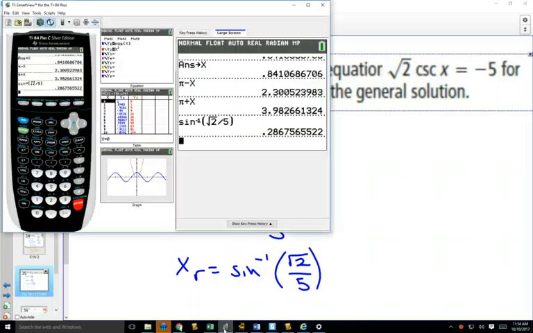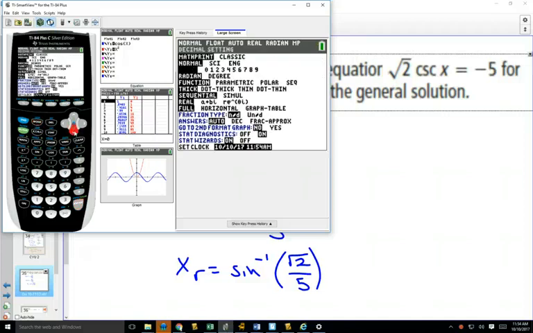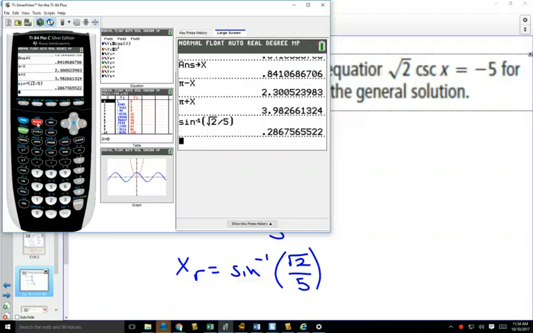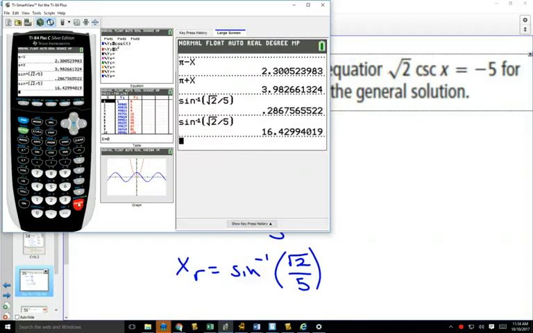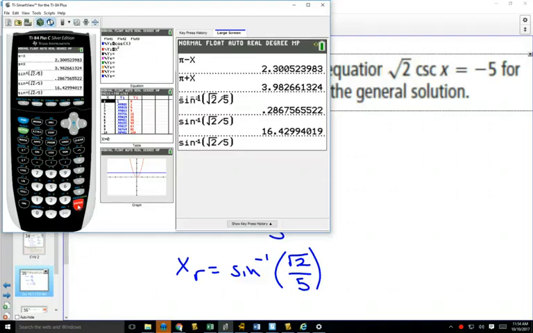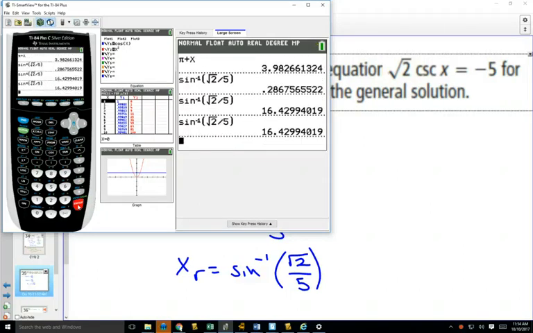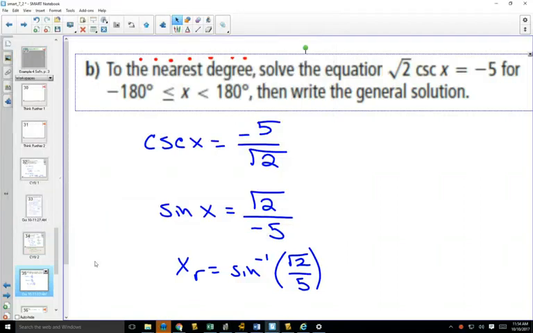So you go back to your calculator, you think, I've got to retype everything, I go to my mode, change it to degrees. But instead of retyping it, you can just go up, highlight, and push enter again. And now it'll put the answer in degrees. If you have an older calculator, you can go second, enter, and it always retypes what you had typed before. Push enter, and now it's in degrees, 16.4 degrees.